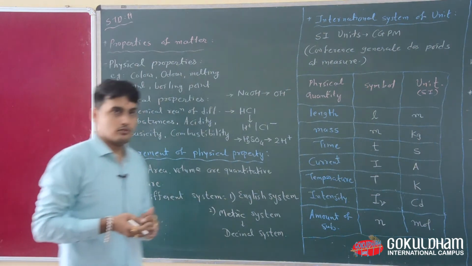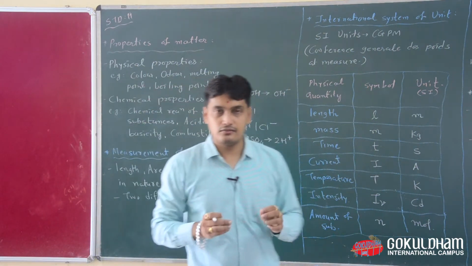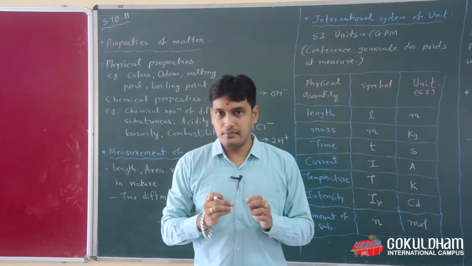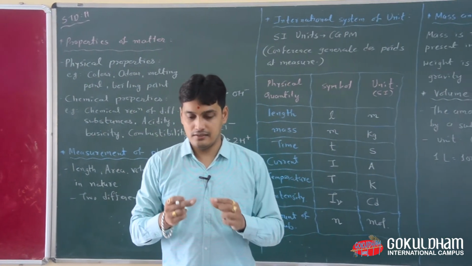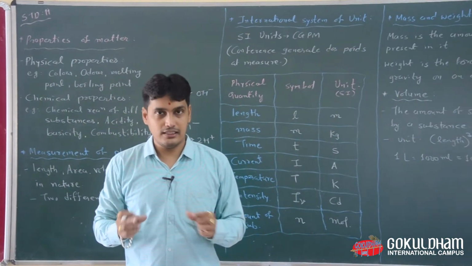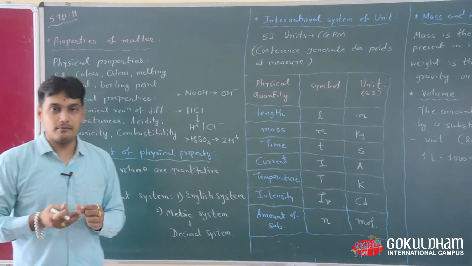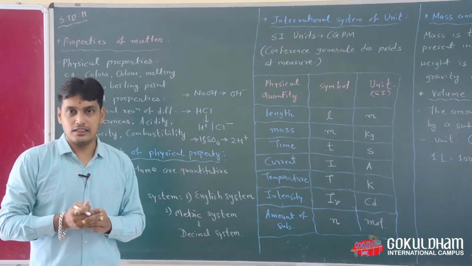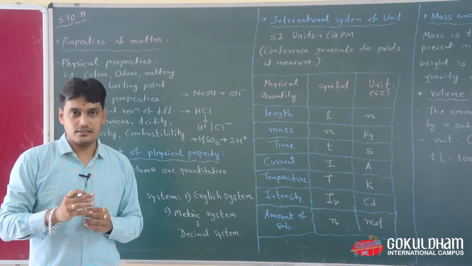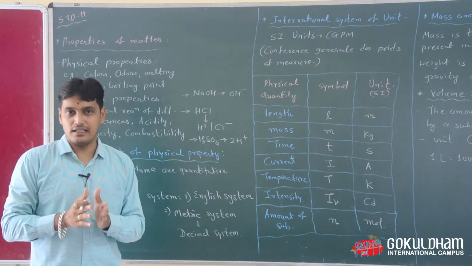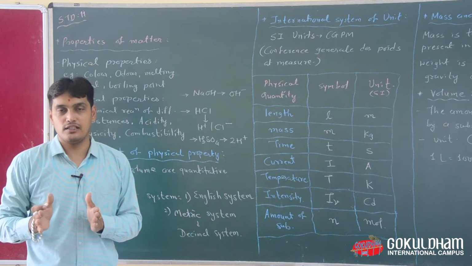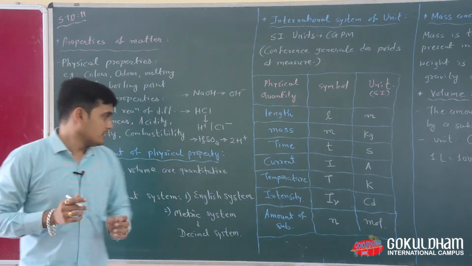Suppose I tell you 6 meter, after meter you will realize that the meter is the unit for length. In the same way, suppose I tell you the temperature is 35 degrees Celsius. Degree Celsius is the temperature unit.